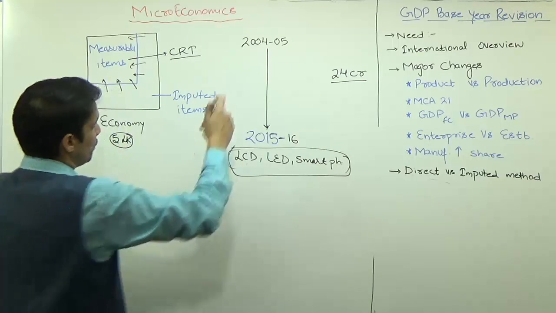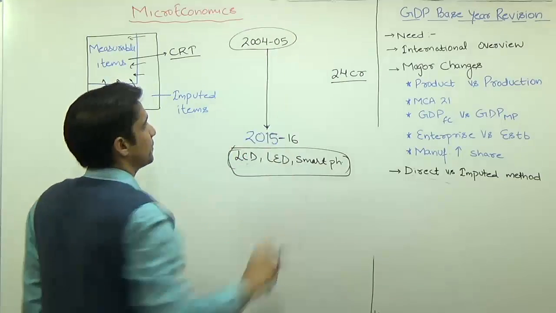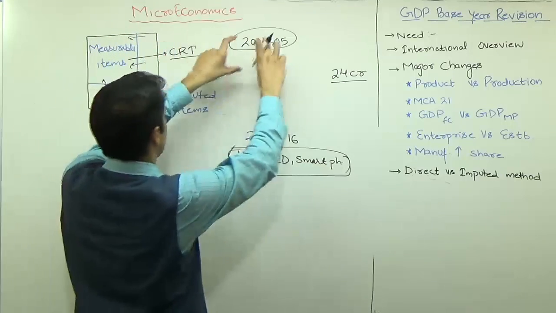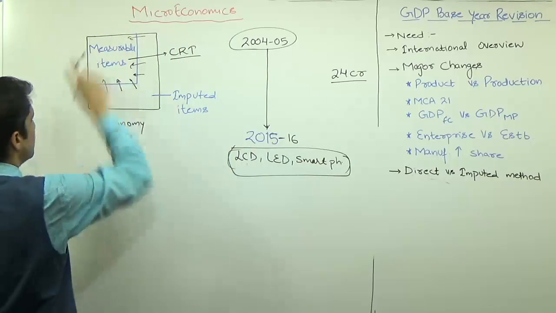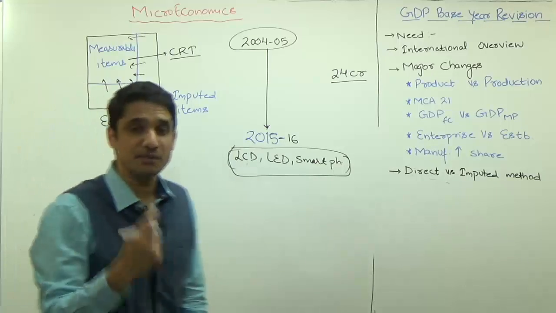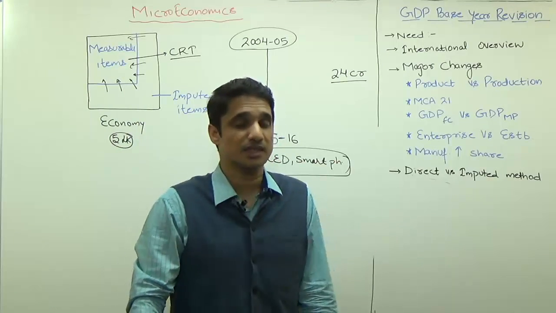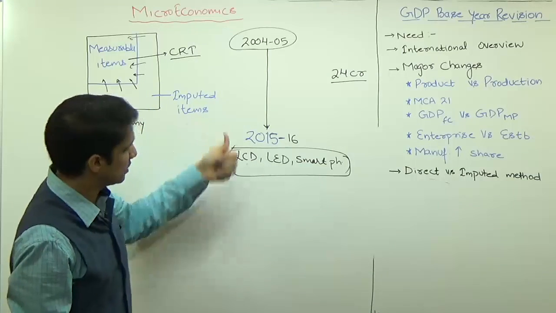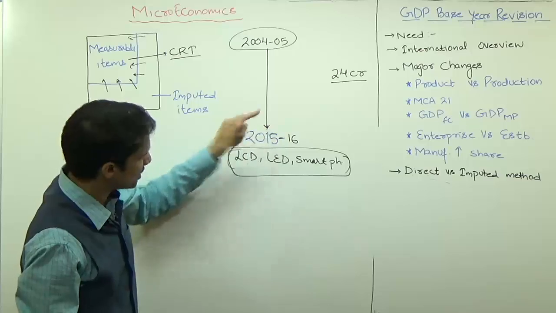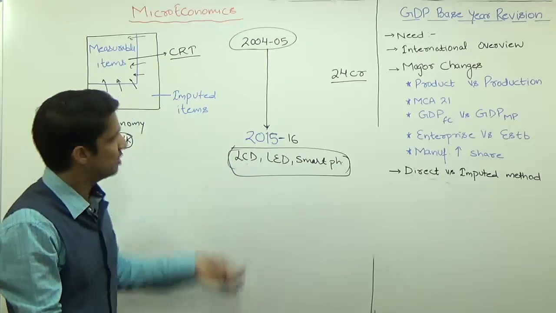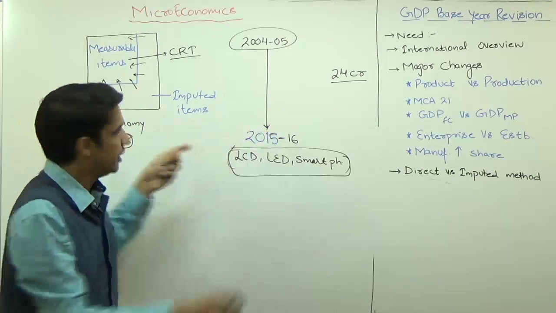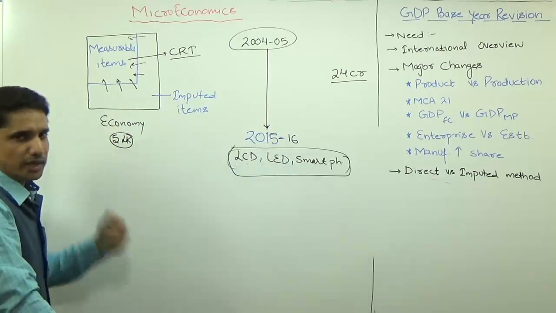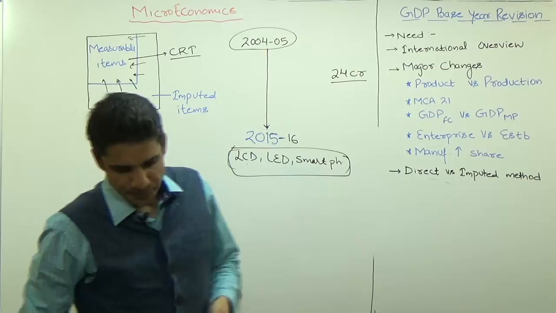So if you keep the same base year, this item is fixed and you are calculating the GDP only on the basis of these items, so you are underestimating the value of your GDP. That is not the correct value, because you have not changed your basket. And when will the basket be changed? When you change the base year. A new basket will come, maybe in 2011-12. That is the purpose of changing the base year.